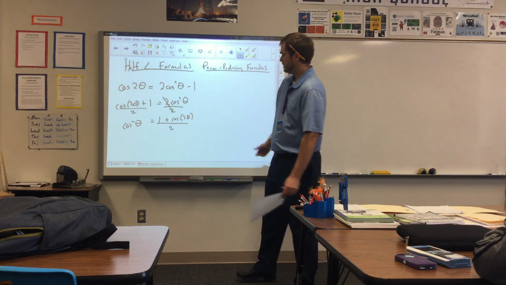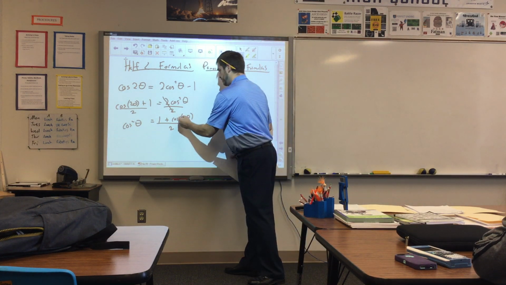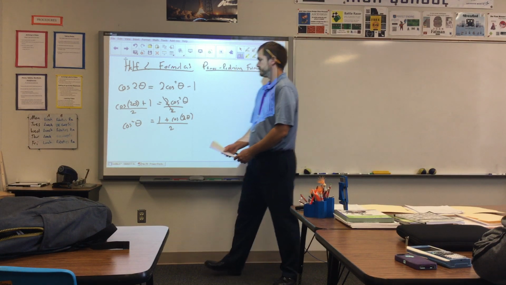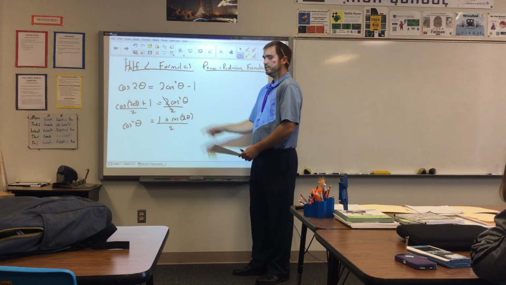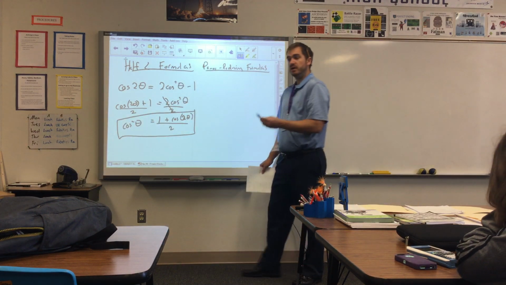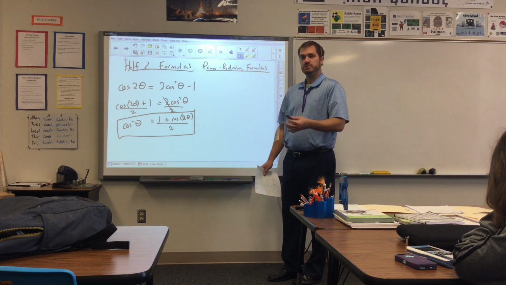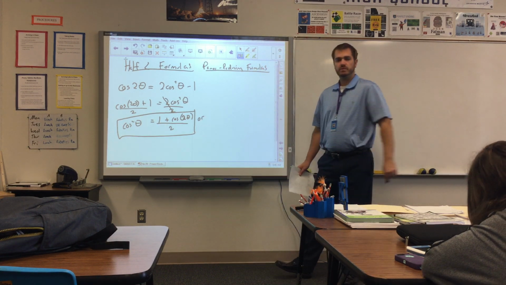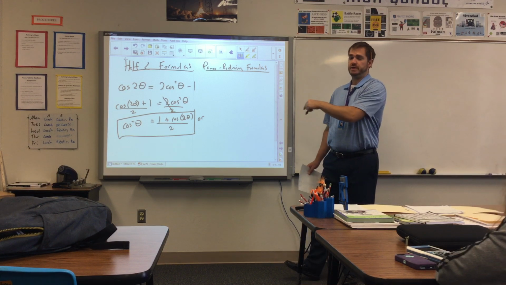However, Andrew, what's the difference between what we have here on the board and what's on your paper? Yeah, instead of theta, they've got U. Okay, so that's a good formula. But there is another one that's also sort of equal to it. And I would recommend that you write this formula off to the side on your actual trig chart.